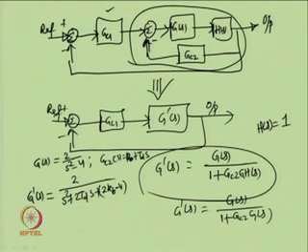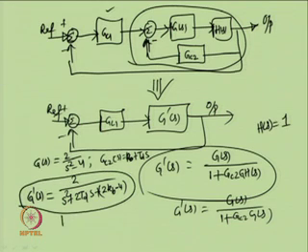Look at this inner closed loop transfer function. When Kb is greater than 2, we get a stable transfer function. G dash s will have poles which are located in the left half of the s plane.